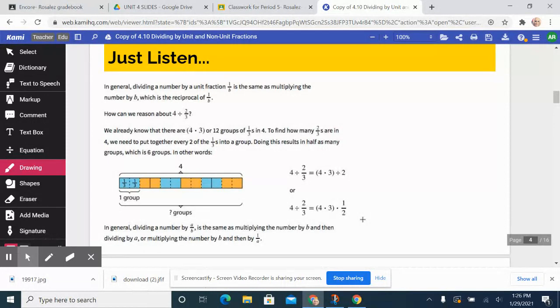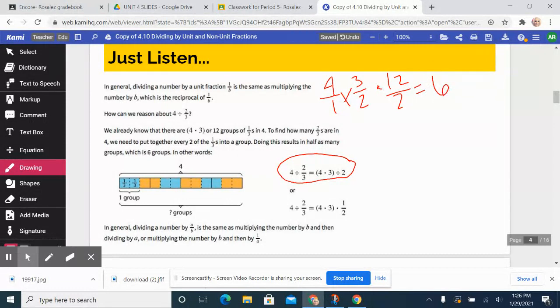So I'm going to deal with this one right here. What they're trying to point out to you is 4 divided by 2 over 3. Let me work that out. 4 over 1 times 3 over 2, keep, change, flip, which we've done. And I get 12 over 2. So 12 divided by 2 makes 6.